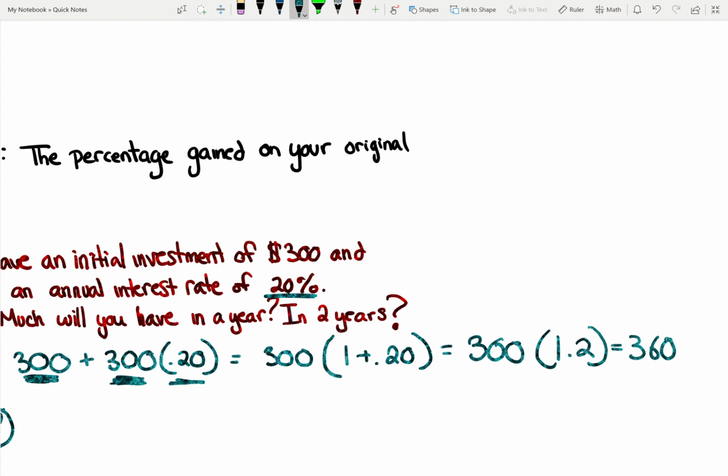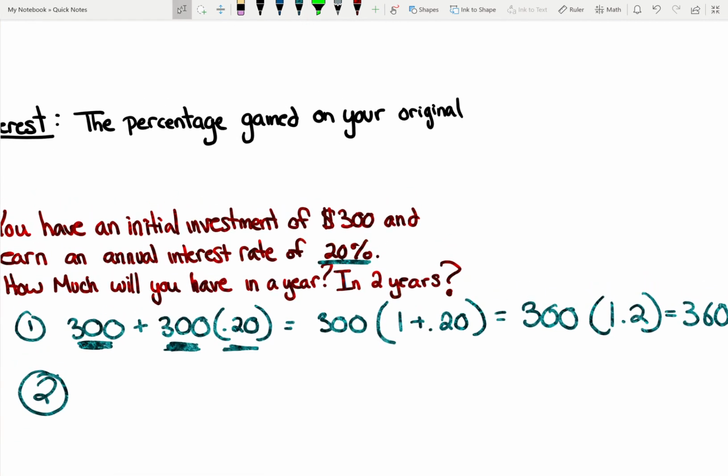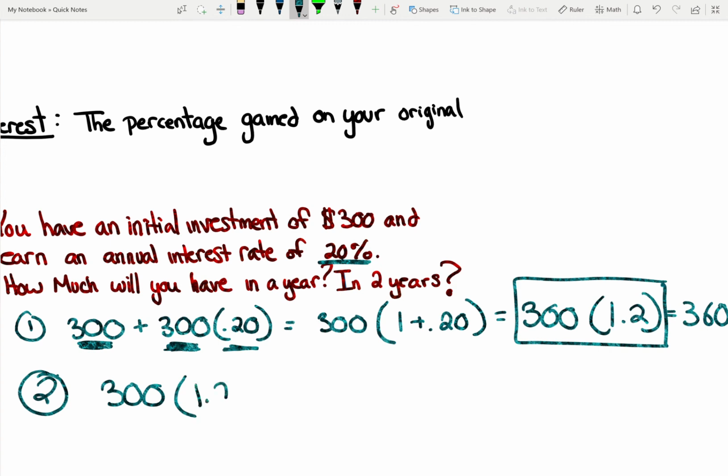Okay, so how about in 2 years, how much money will I have? Well, the same thing applies. See this form right here? This is what I'm going to be basing this off of. At first, I have $300. After the first year, I'll have 300 times 1.2.